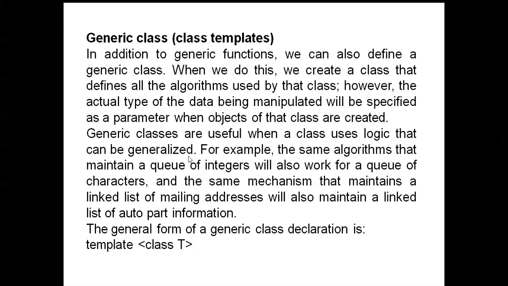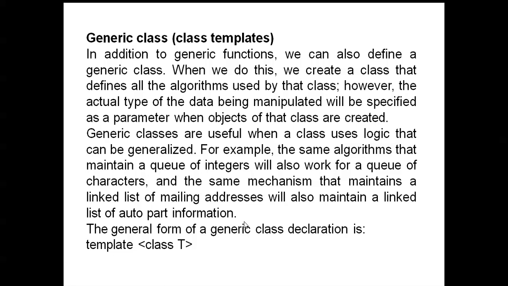Generic classes are useful when a class uses logic that can be generalized. For example, the same algorithm that maintains a queue of integers will also work for a queue of characters, and the same mechanism that maintains a linked list of mailing addresses will also maintain a linked list of autopart information.